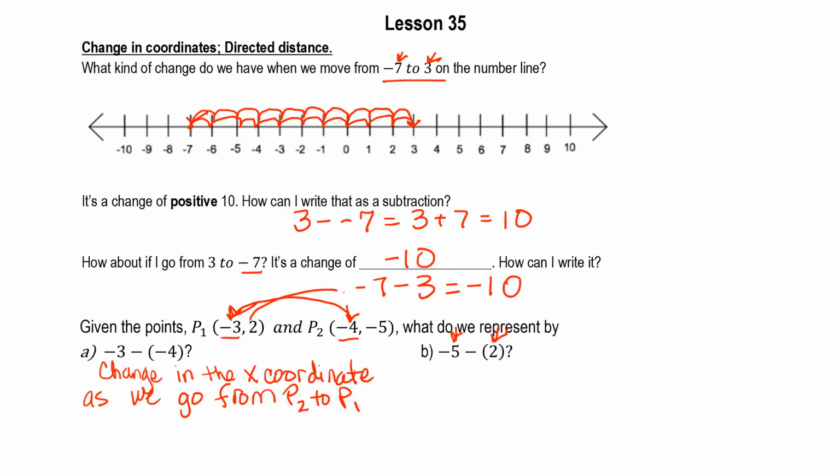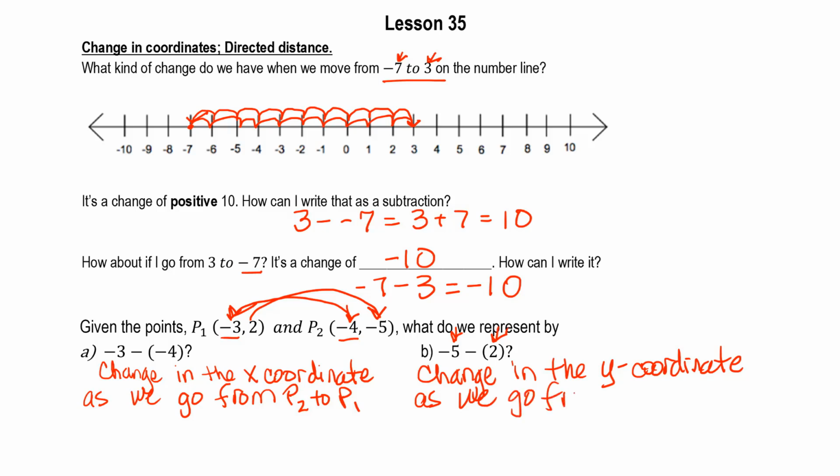So now we're going from this point to this point, and this represents the change in the y coordinate as we go from P1 to P2.